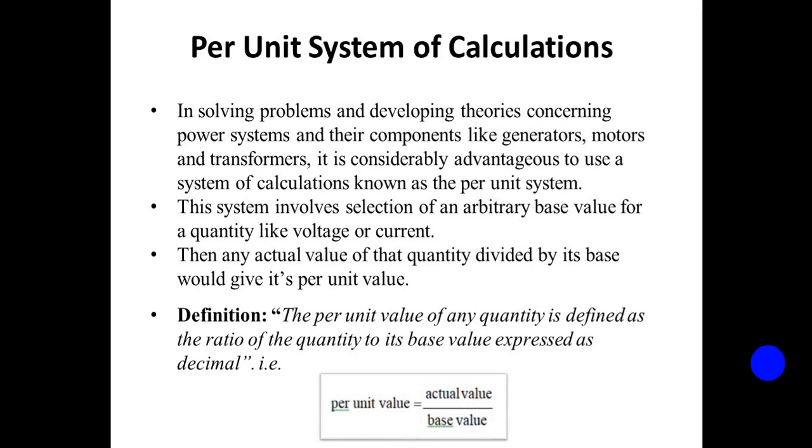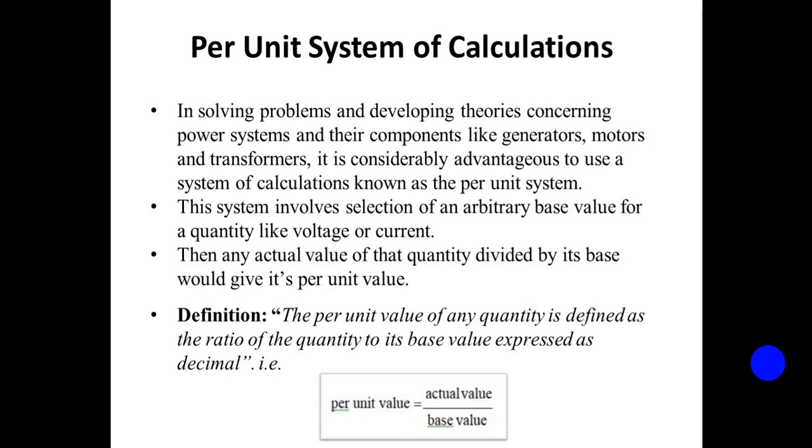Basically this system involves the selection of an arbitrary base value, depending on the circuit, for a quantity like voltage or current. So we normally select a voltage value or a current value as a base value, and then any actual value of that quantity, when we divide it by its base value, will give us its per unit value.